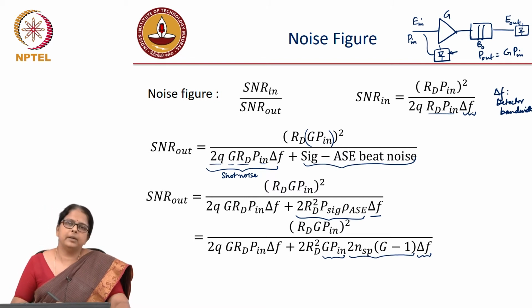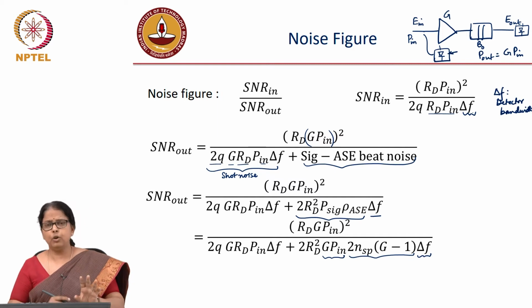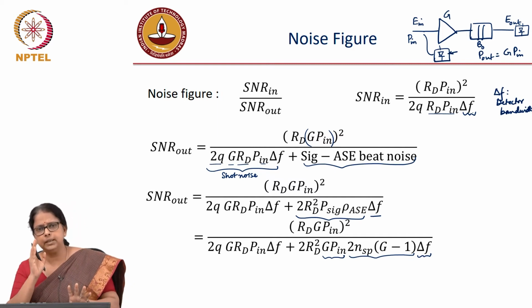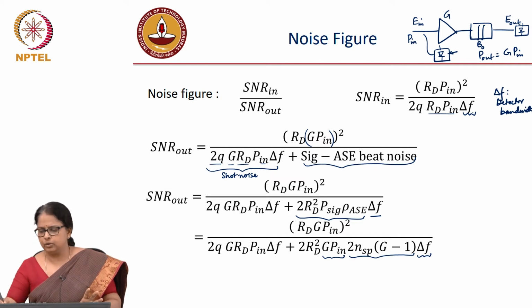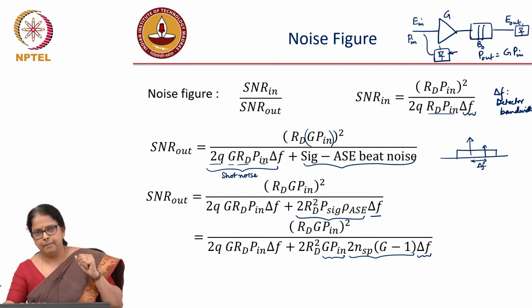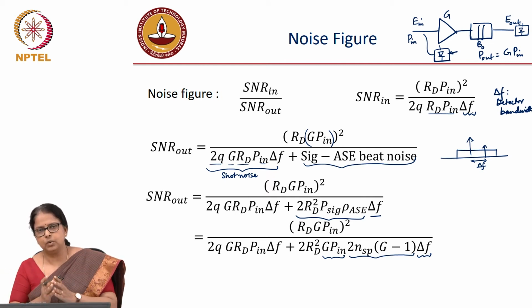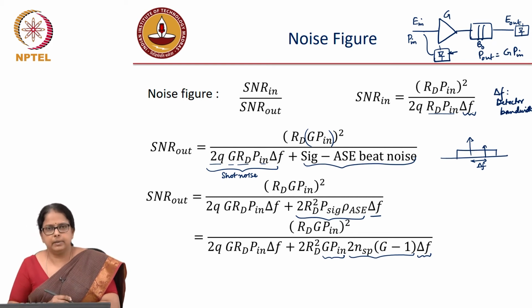We are not considering optical bandwidth simply because we have already considered the beat of the signal with that of the ASE, and we know that the beat frequency extends all the way up to BO, but because the detector sees only a beat frequency corresponding to the detector bandwidth, I will take only the detector bandwidth.